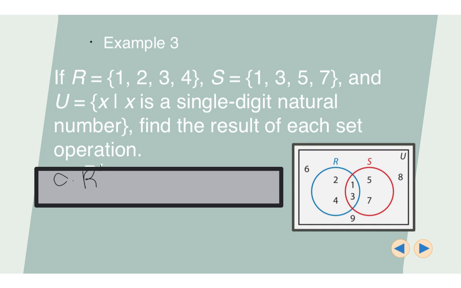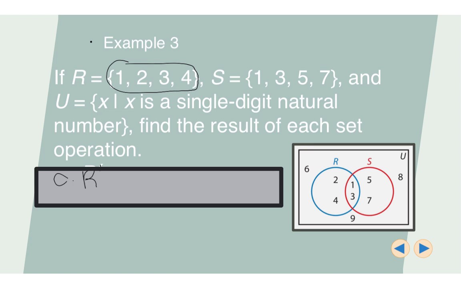In the very last example, it wants the complement of R. The complement is all the numbers that are not in R. Any and all the numbers that are not in R. So let's go ahead and circle all the R numbers, which is 1, 2, 3, and 4.